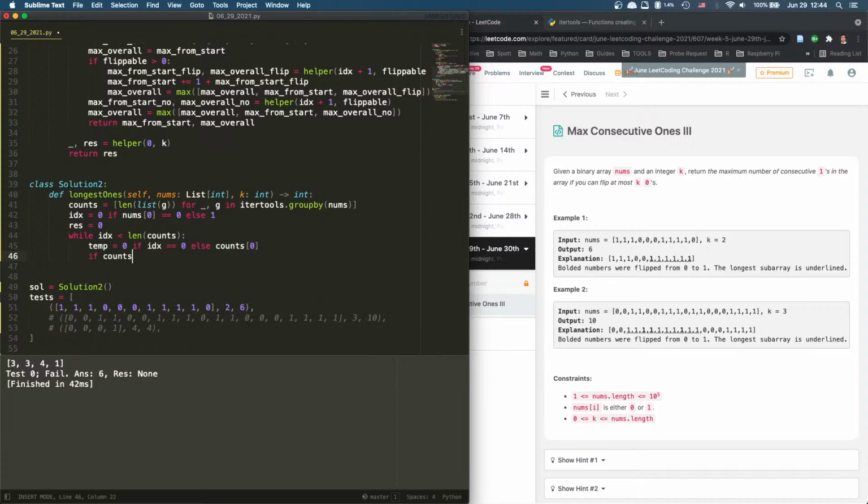So we're going to say counts[index], if counts[index] is smaller, right?